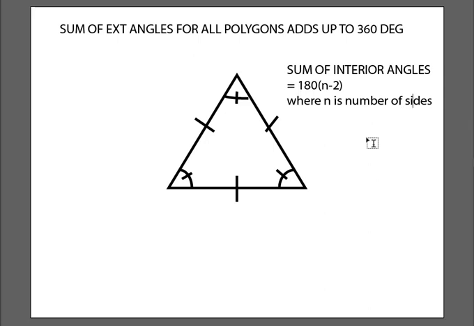So we can safely conclude that the sum of interior angles for a triangle is 180 multiplied by 3 minus 2, which gives you 180 degrees. That's true, isn't it? Right?